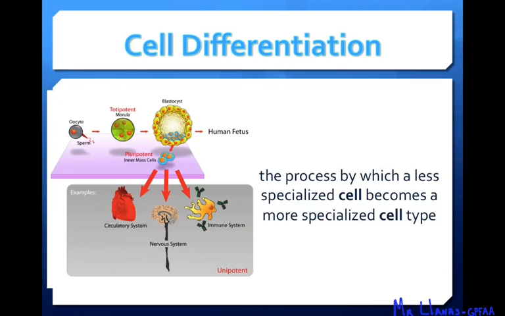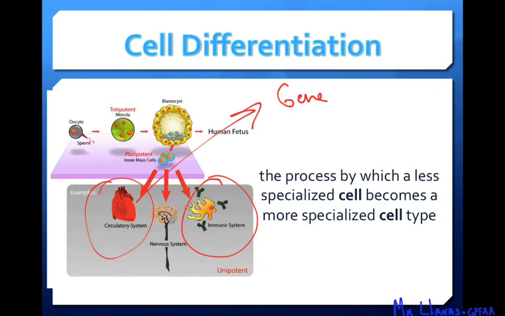Okay, now the reason that heart cells and skin cells are different is because different sections of the DNA of that organism are being coded for that specific cell. We said that yes, the heart cells, in this picture, are going to have the same DNA as the immune cells or white blood cells, but maybe the heart cells are using genes 1 and 2 to make that type of cell, and then genes 1 and 3 are being used to make the immune cells.